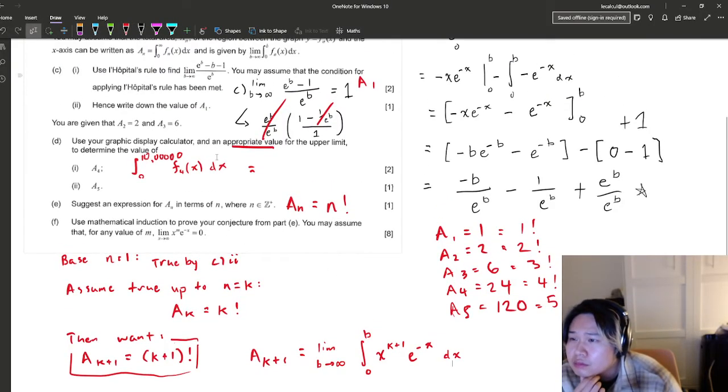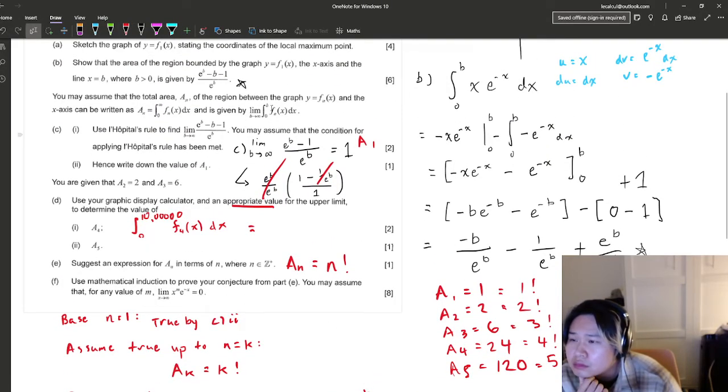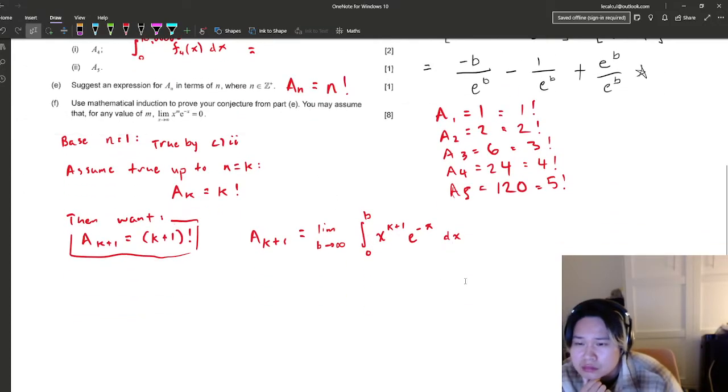Okay. And then, I know this limit is 0, but I do want my assumption to show up, so I need A k to show up. So it'd be nice if this was here.